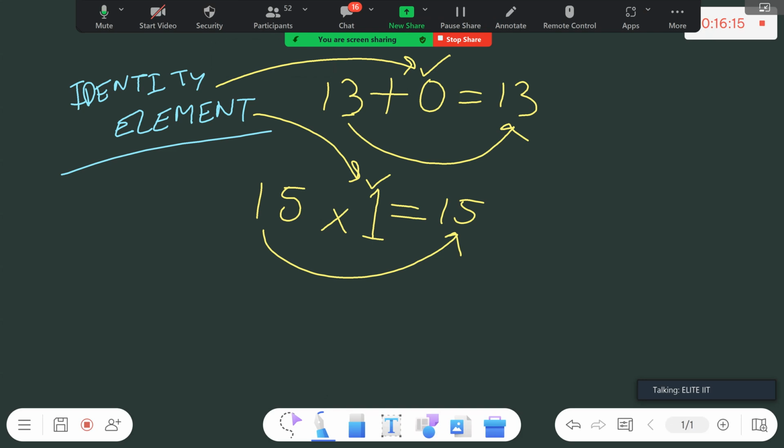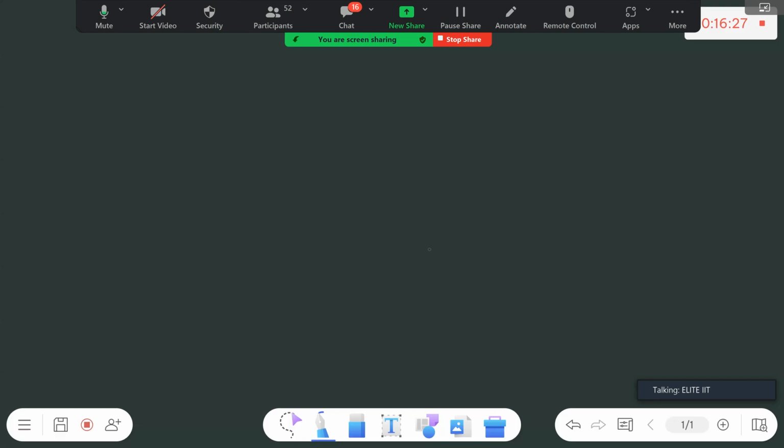Now what are the properties of 0? With plus, minus, into, division and power. Let us see the properties of 0. Any number plus 0 will be the same number, 5. If you subtract 0 from any number, it will be the same number.